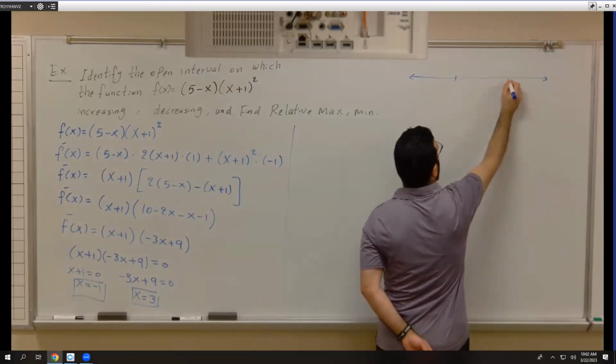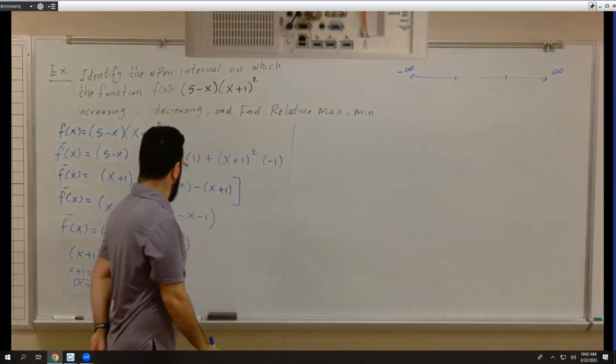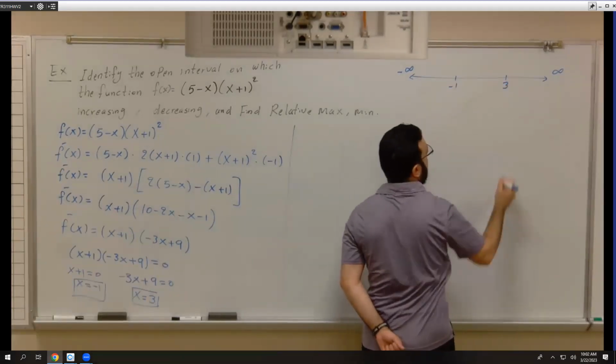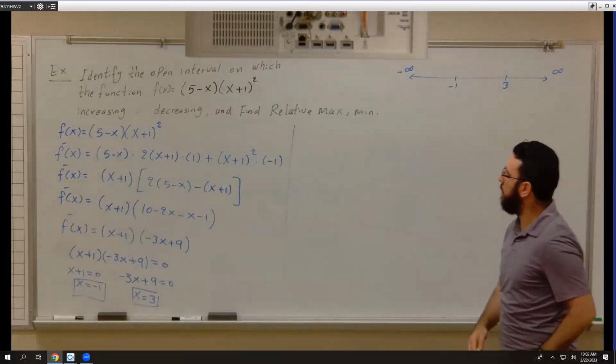Negative infinity, and here is infinity, and negative 1 and 3. I'm going to put the smallest number first, and here is 3. Next step is to choose the numbers.